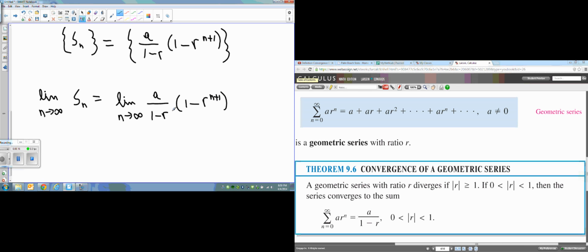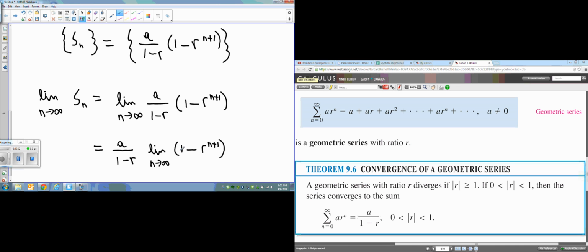Alright, so I'm taking this limit. I see here that none of this involves n at all, so I can bring it out of the limit. And this will be the limit as n approaches infinity of 1 minus r to the n plus 1 power.